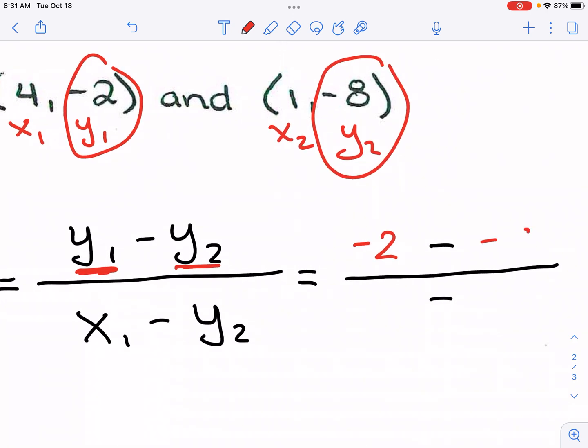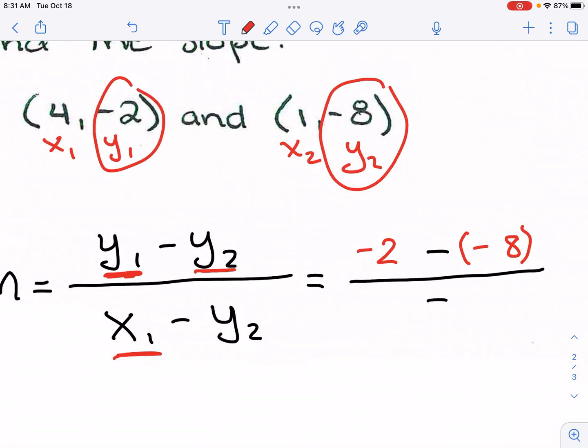And that's why I write the minus sign before I start here, because this is a minus negative 8. I could put this in parentheses since we have consecutive signs.